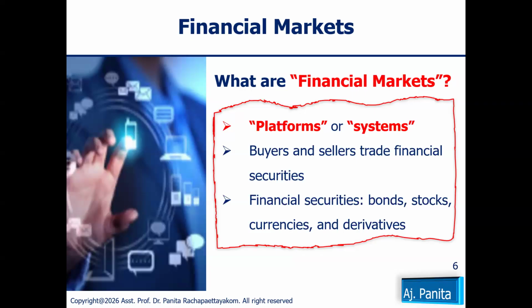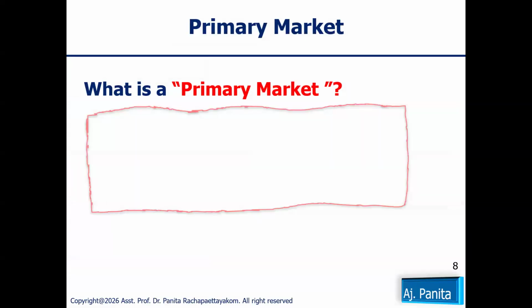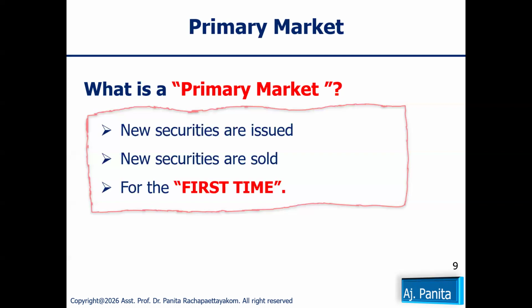We then move to the primary market as the second topic here. What is the primary market? What do you think? Here, I share the idea of what a primary market is. The primary market is a financial market where new securities are issued or launched or offered and sold to investors for the first time.